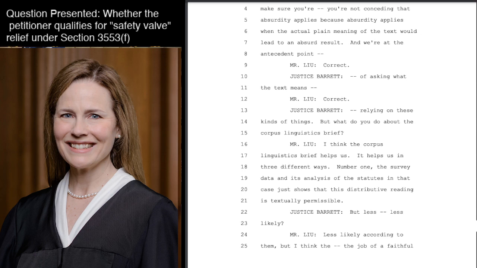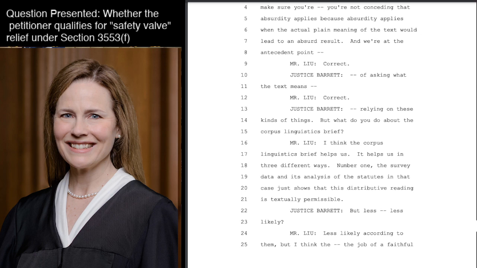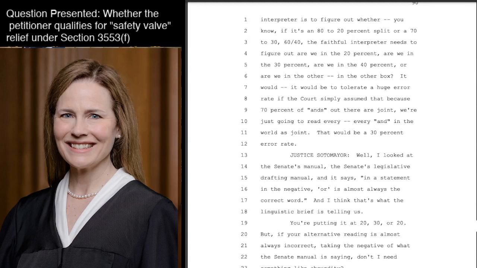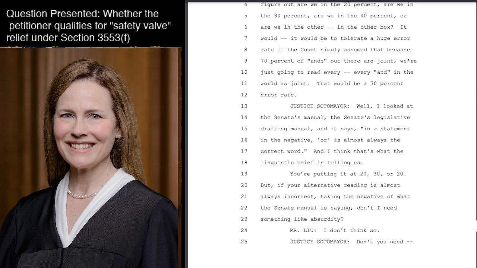Less likely, according to them, but I think the job of a faithful interpreter is to figure out whether, if it's an 80 to 20 percent split or a 70 to 30, 60-40, are we in the 20 percent, are we in the 30, are we in the 40, or are we in the other box? It would be to tolerate a huge error rate if the court simply assumed that because 70 percent of "ands" out there are joint, we're just going to read every "and" in the world as joint. That would be a 30 percent error rate.